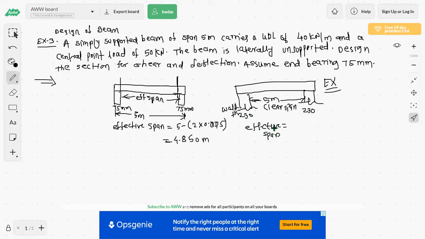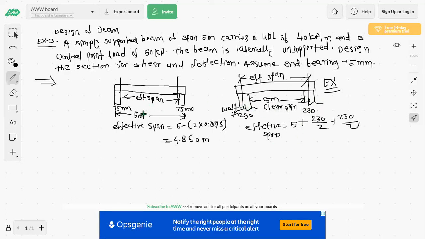To calculate the effective span, it is 5 meter plus 230 mm by 2 plus 230 mm by 2, that is, center to center. In the examination you have to take this effective span. So how to calculate it for this condition? Clear span plus wall thickness by 2 plus wall thickness by 2.